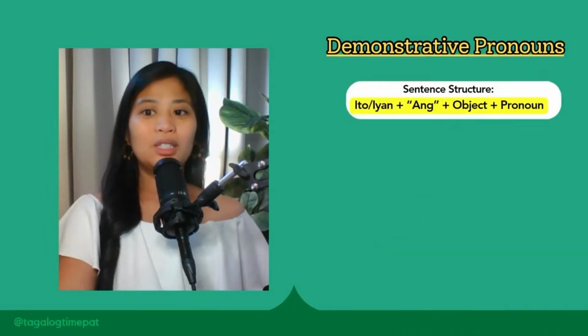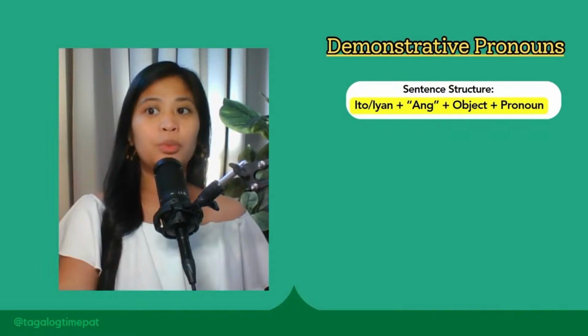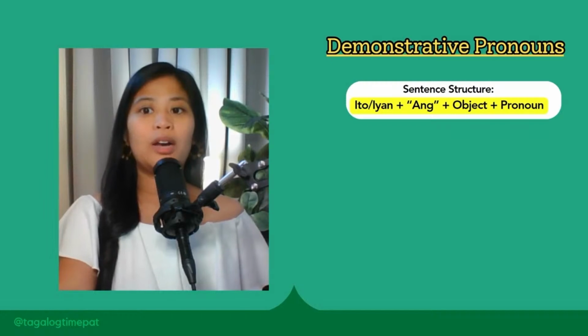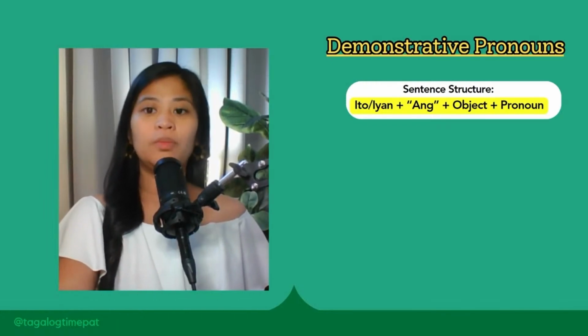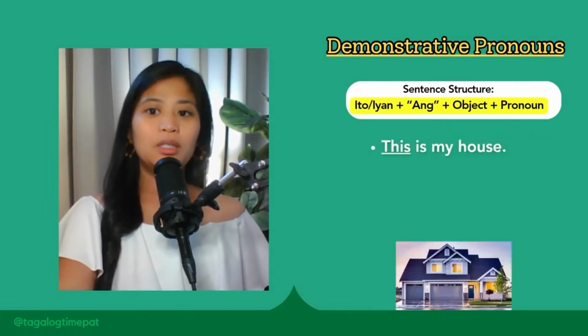So here's the sentence structure for how demonstrative pronouns can be used. "Ito" or "iyan" goes first. It's taking the place of the adjective. Then it's the word "ang," then it's the object, then it's the pronoun. So the last part of this sentence structure is the same as what we've just learned. So here's how it's used. This is my house would be "ito ang bahay ko."